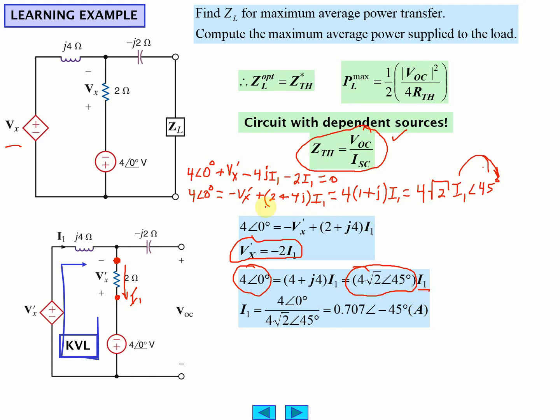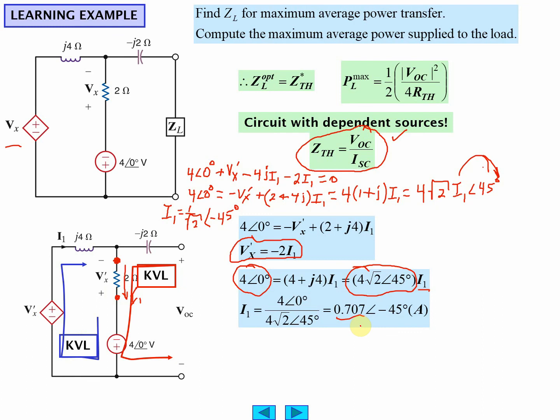And we just do the division, so I1 is going to equal 1 over root 2, just 4 divided by 4 root 2, and angle of negative 45 degrees. Okay. And 1 over root 2 is this.